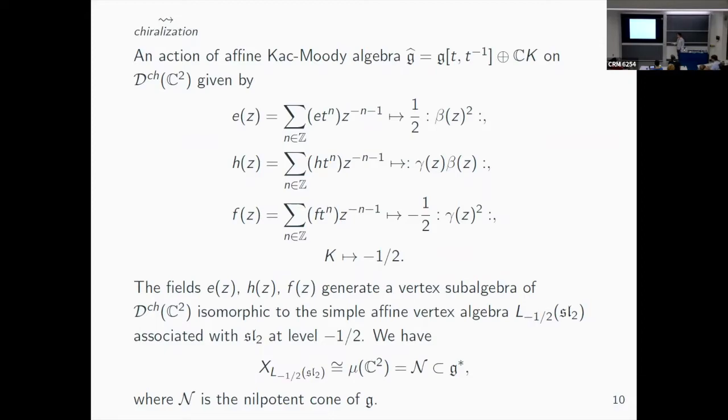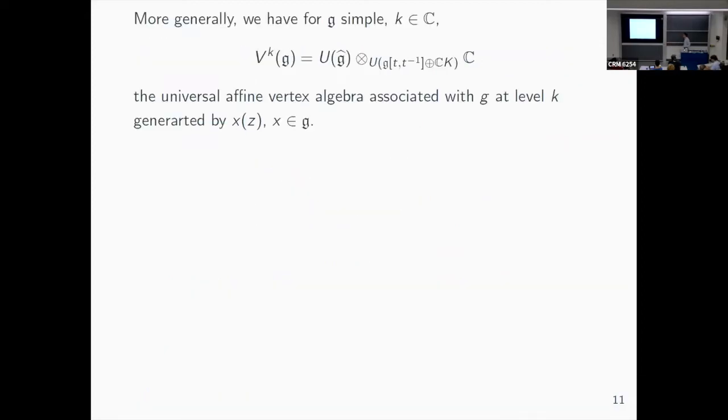More generally, you can consider the vertex operator algebra associated with an affine Kac-Moody algebra. So this, I think, Jethro explained last week, and this is the universal one.